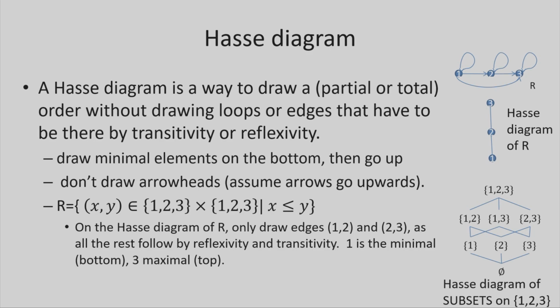Also, we skip all the self loops, we don't need them. So Hasse diagrams are a good way of representing a relation as pretty much the simplest possible, minimal amount of stuff that you need to draw to convey what your partial order relation is supposed to be.